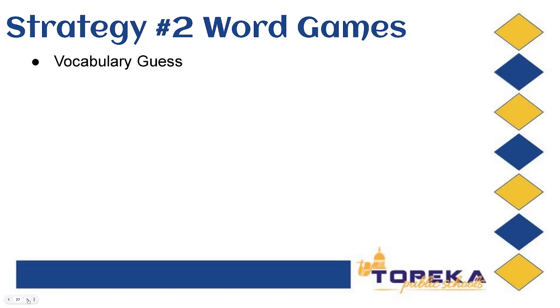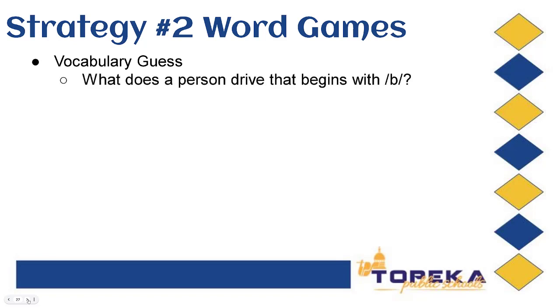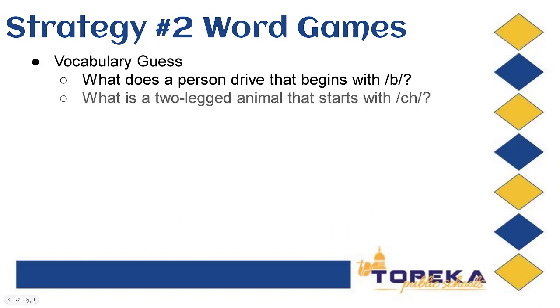So number one, you could do vocabulary guess. So you could say to the students, what does a person drive that begins with B? One student might say bike, another student might say bus. And so letting them kind of fill in that category with a sound.